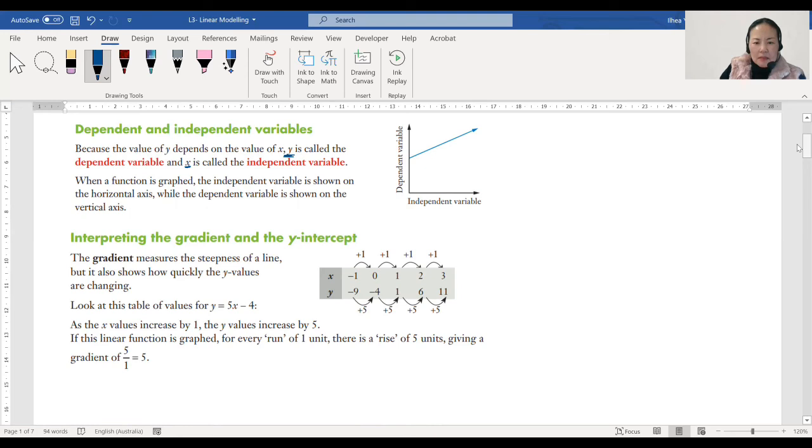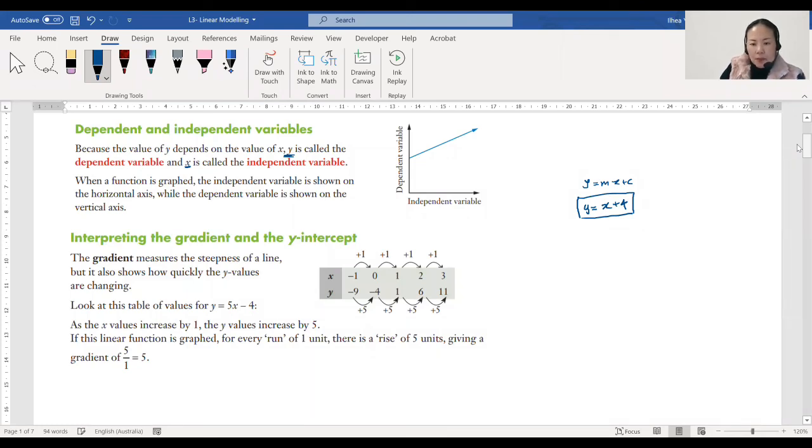Now, what does that really mean? Do you remember number machine that we did in 701? So there was a box with a formula in it. For example, it should be like y equals mx plus c, but if I put x plus 4, for example, that's what's in the number box, the number machine.